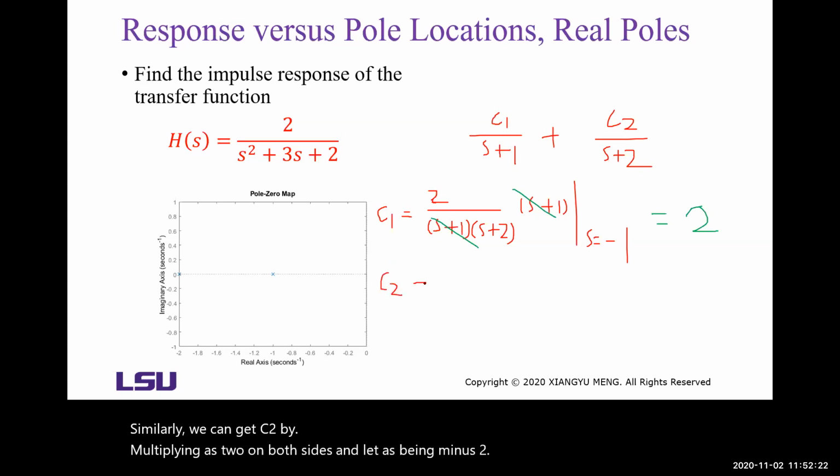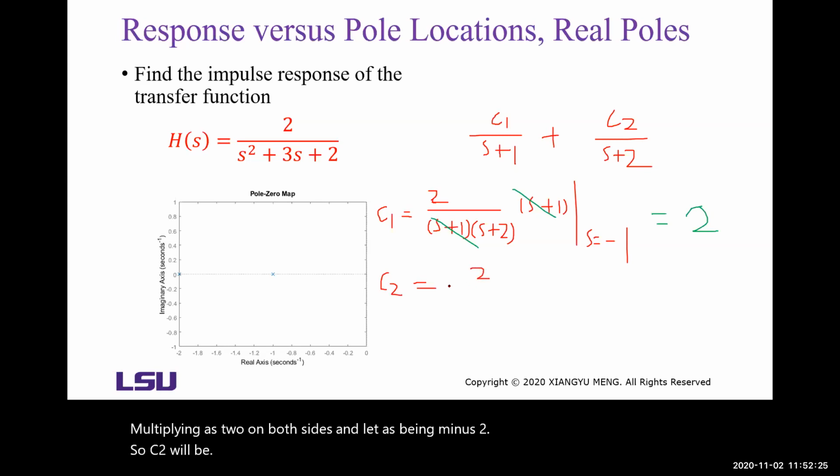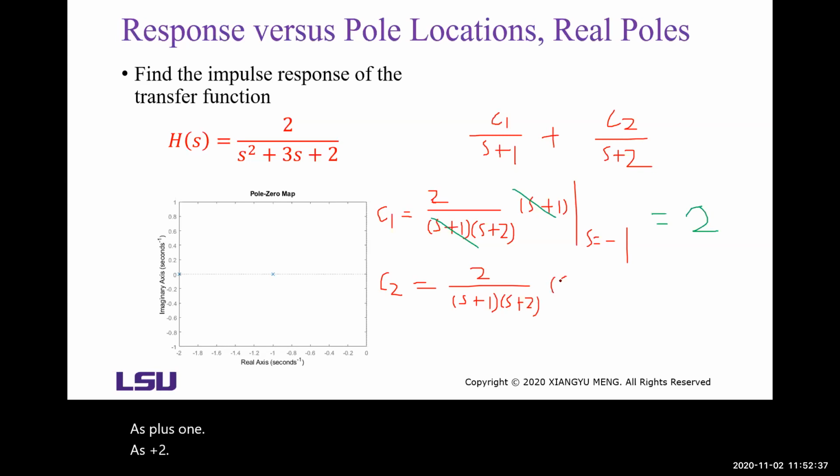So C2 will be 2 over (s + 1)(s + 2) multiplied by (s + 2), with s equal to minus 2.